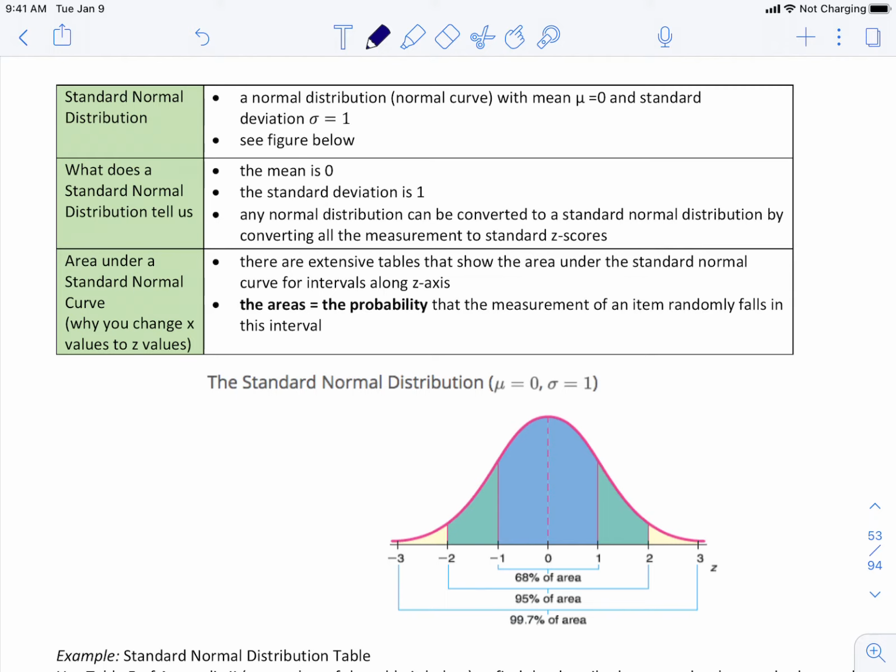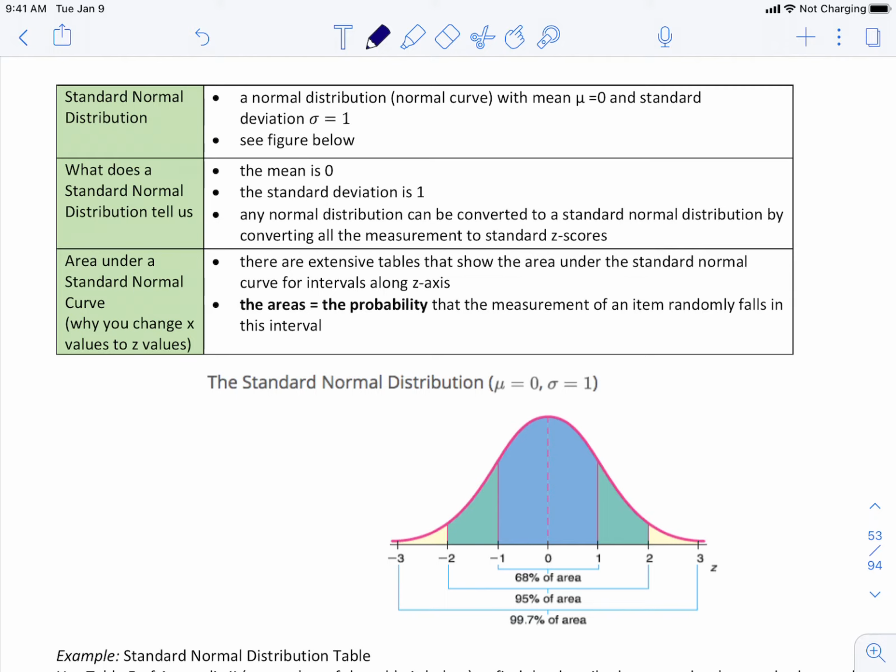All right, so I'm going to show you how to use the table. I gave you just a snapshot of the table. It says find the area under the standard normal curve to the left of z equals negative 1. Again, this is our z value, here's our mu, and we want to find this area that's shaded blue here.